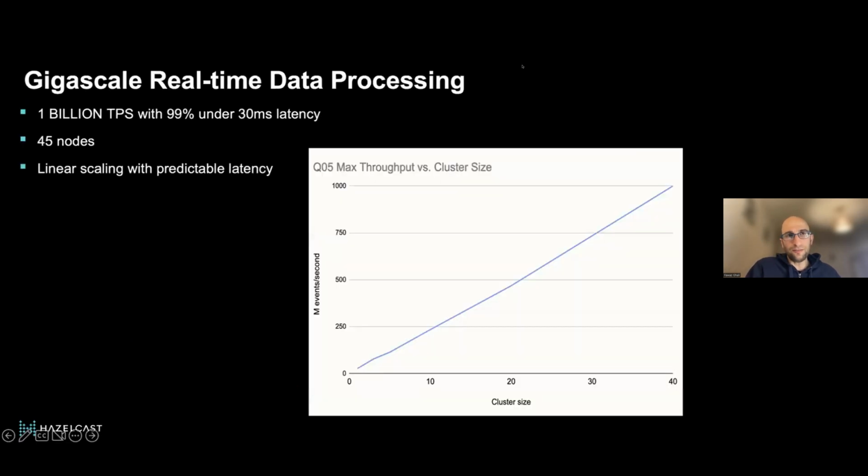Now we have done a study, and we published this use case where we managed to run 1 billion transactions per second with a 99th percentile of just 30 milliseconds latency. This was only about 45 nodes. And the good thing about it is the linear scaling. Essentially, what we wanted is to add more nodes as we go along.